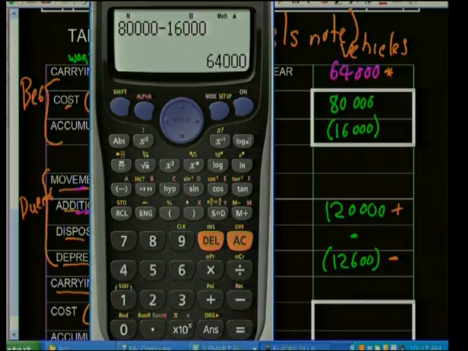So let's do that. Carrying value at the beginning of the year is 64,000. I've then purchased a vehicle with a cost of 120,000. But I've also written off depreciation, so the carrying value is going to decrease by the depreciation for the year, 12,600. To give me a carrying value at the end of the year, 171,400.